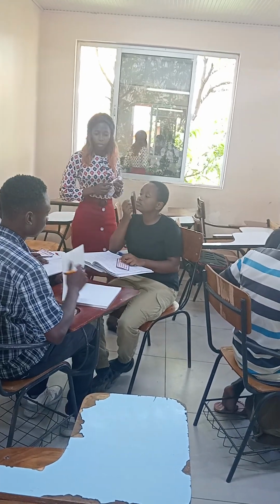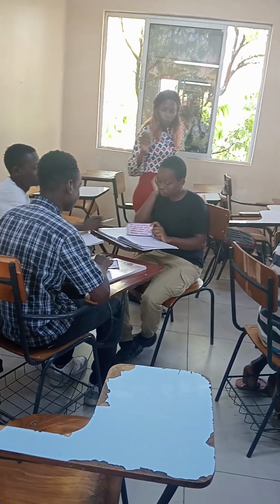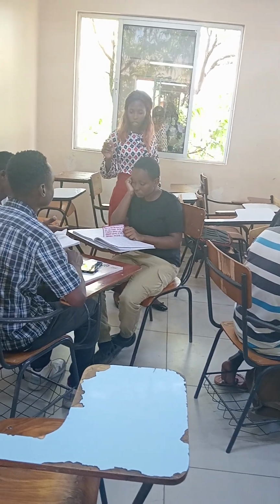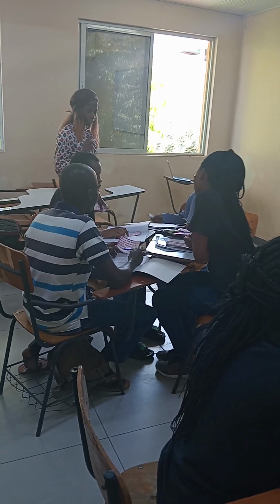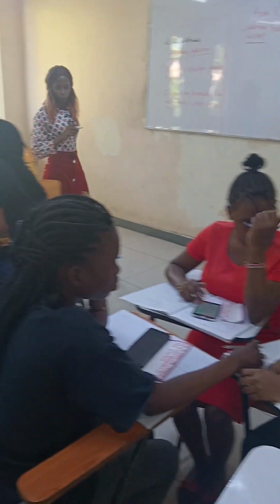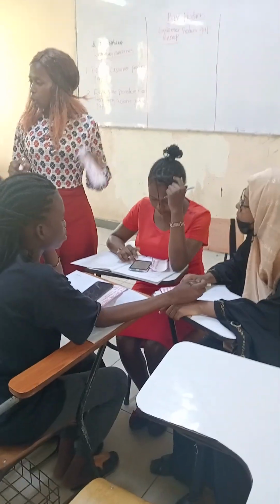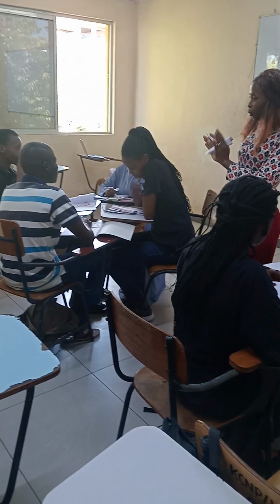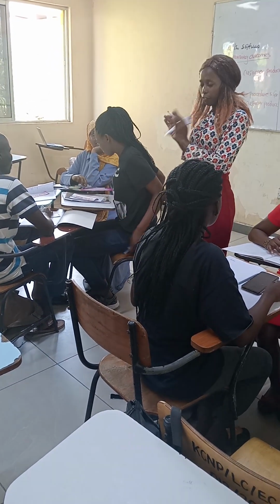In that group, I want you to choose one person to be the owner of that group, the secretary who is going to write down the points. Are you getting? So choose one person to be your secretary so that you note down what you are going to discuss. Because he is the owner of that group, you have control over the group.